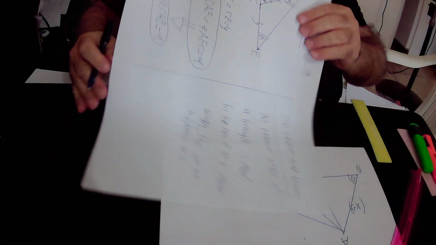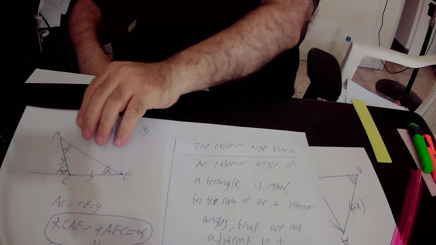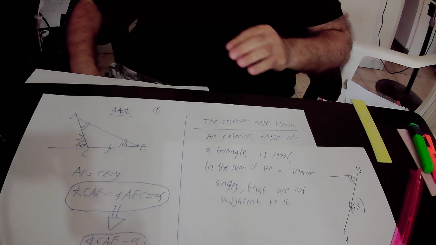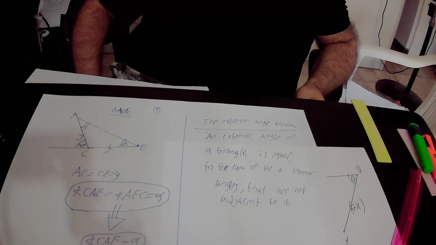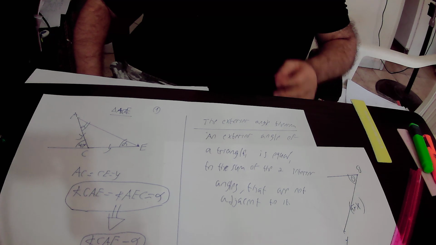So I will read the exterior angle theorem again. According to the exterior angle theorem, an exterior angle of a triangle is equal to the sum of the two interior angles that are not adjacent to it.